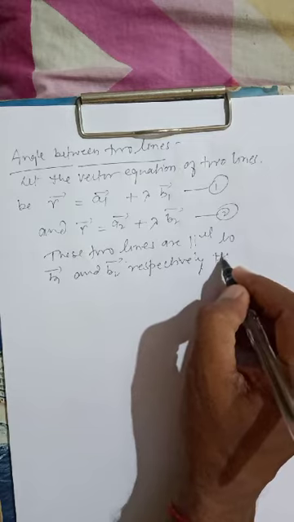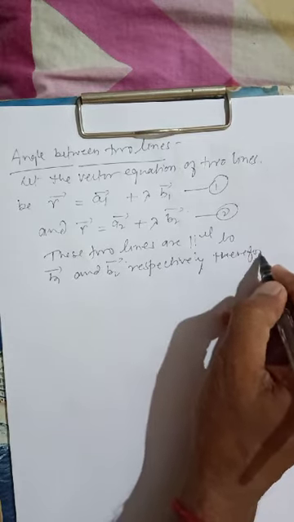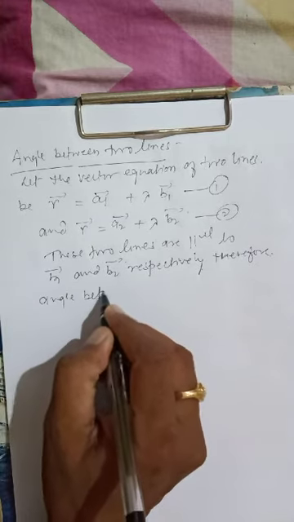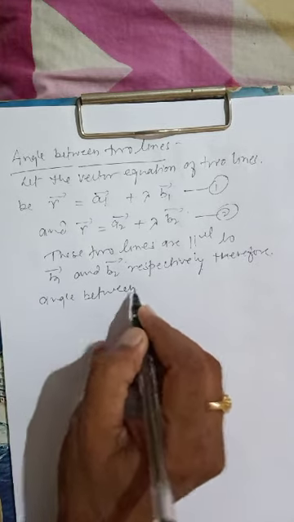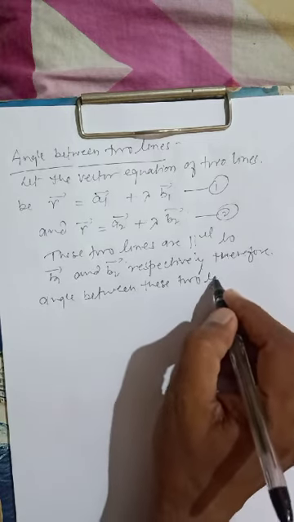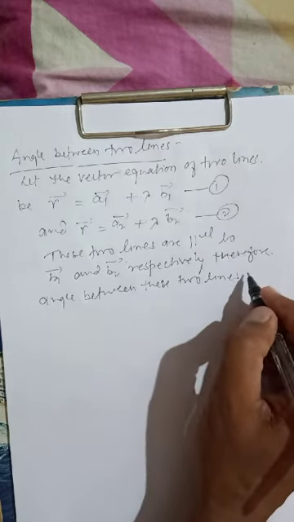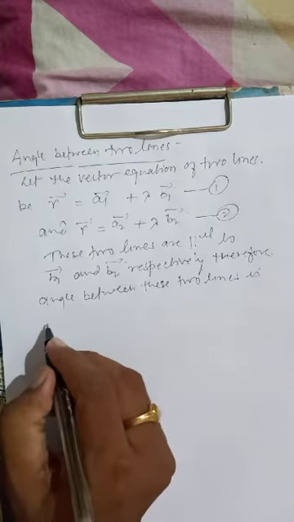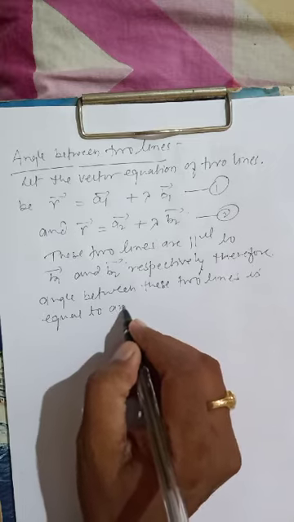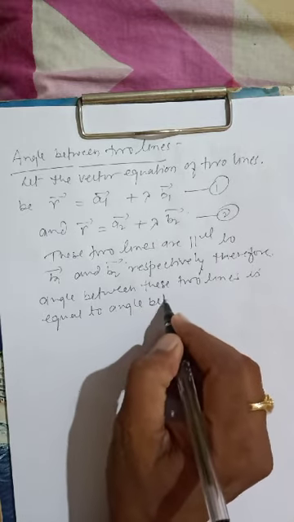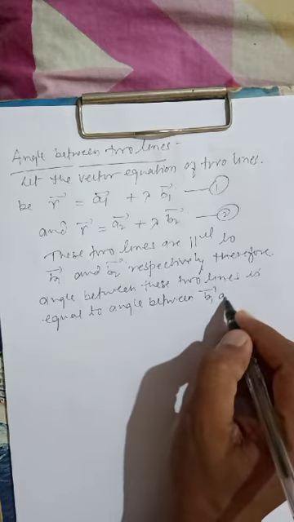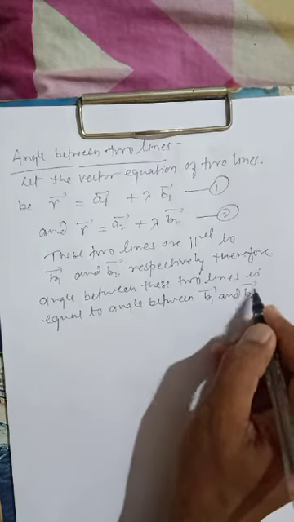Therefore, the angle between these two lines is equal to the angle between b1 vector and b2 vector.